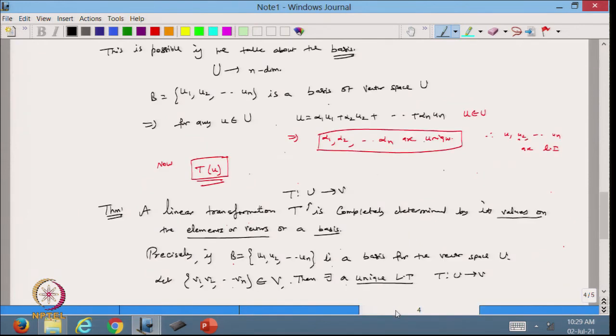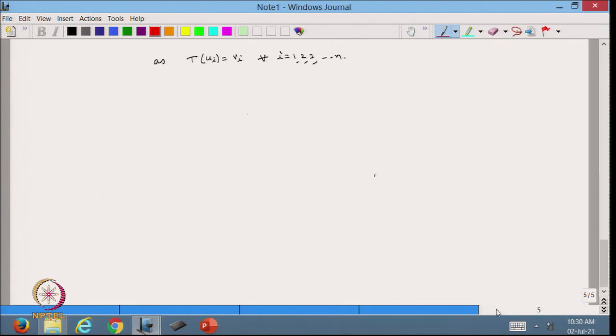So, from here we can say that I have taken a basis of the vector space U, and suppose there exist n vectors v1, v2, up to vn that belong to V. Then I can find a unique linear transformation from U to V as T of ui equal to vi.